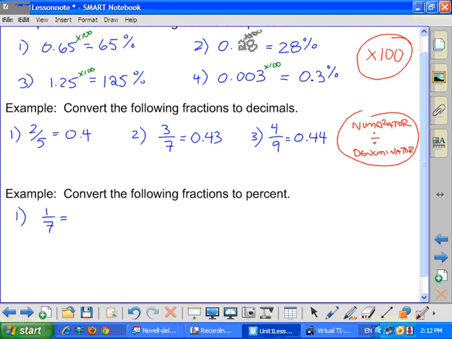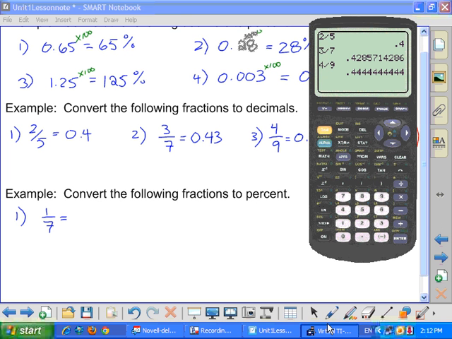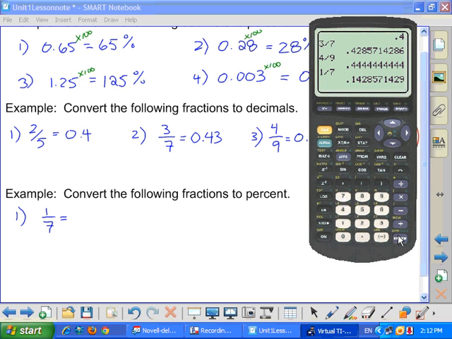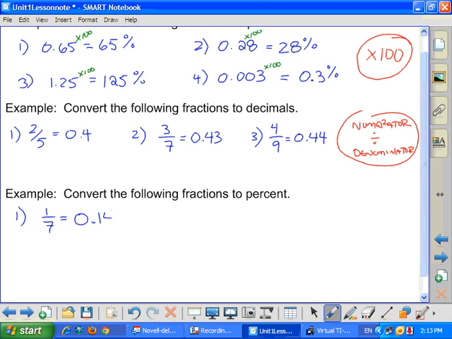So the first step is to get it into a decimal form. So 1 divided by 7, I get 0.14. And to get it as a percent, I then multiply by 100, so that means it is 14%.